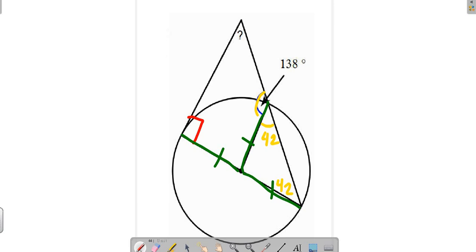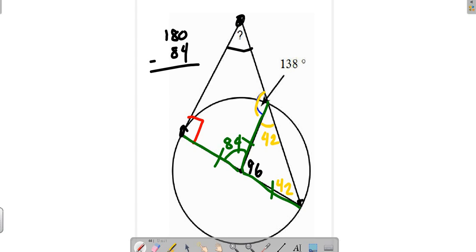That's 180 minus 84. Of course, that's 96. And then this is going to be 84. And then the question is, what is this angle way out here?